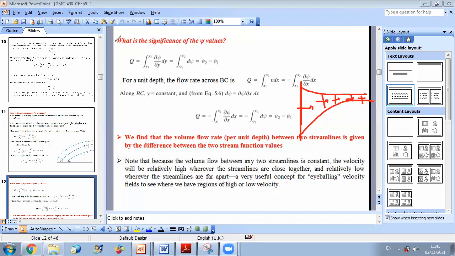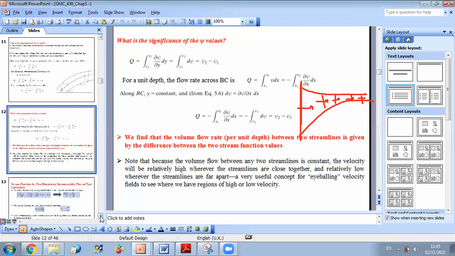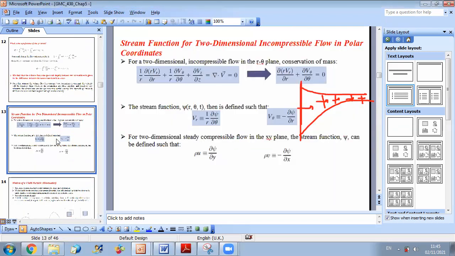So now, as we have seen before, we can always deal with two types of coordinate systems. We can deal with Cartesian coordinates, and we can deal with polar coordinates.